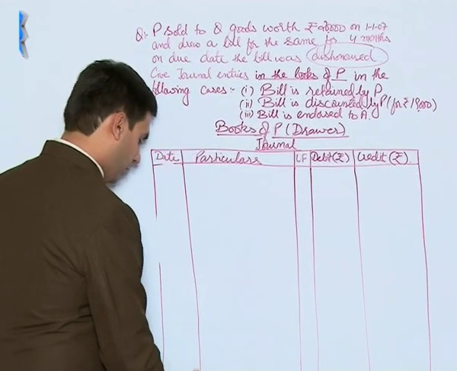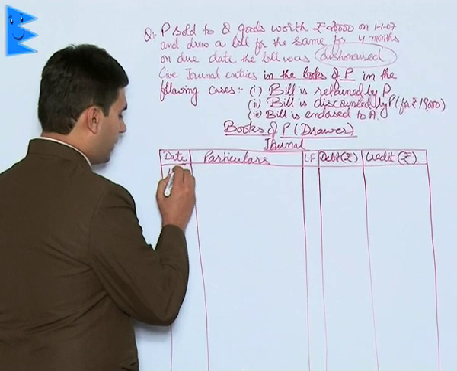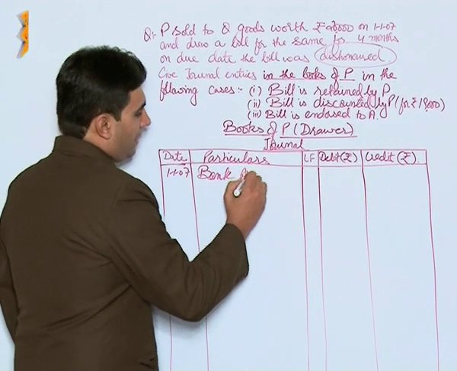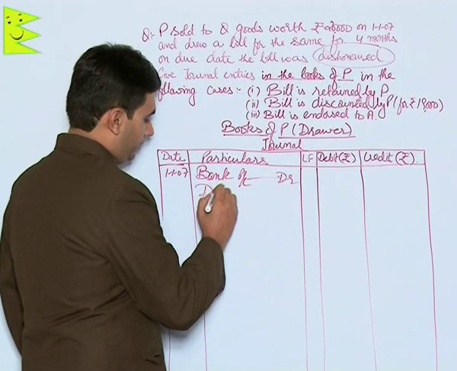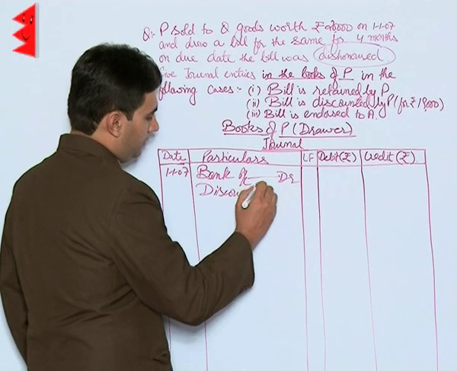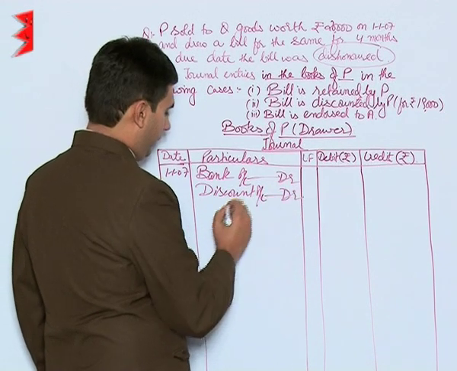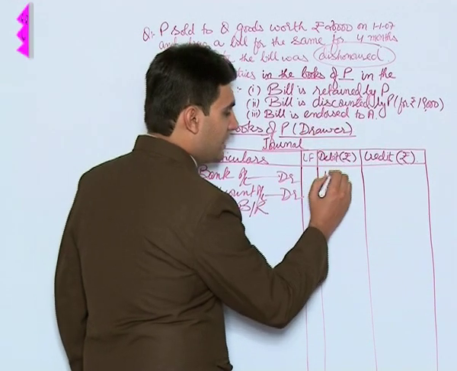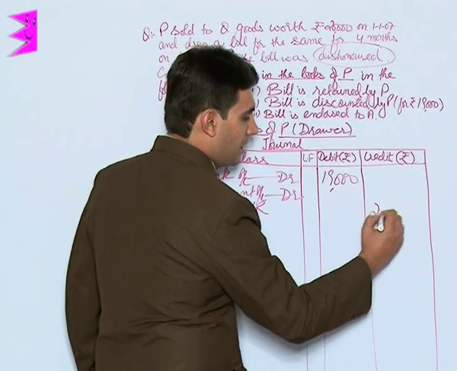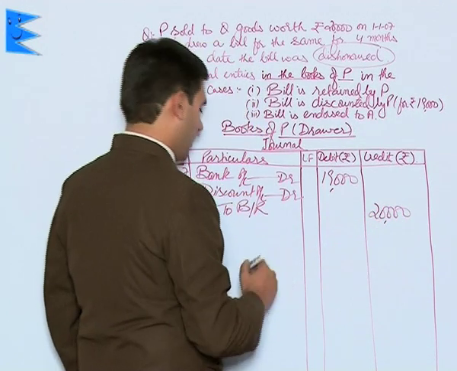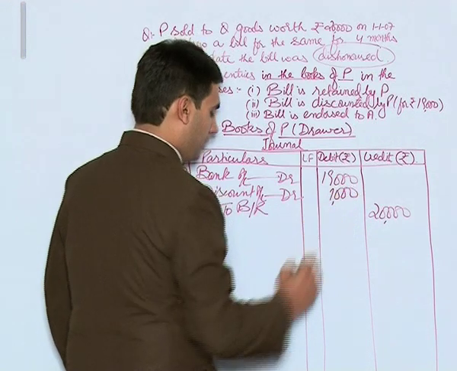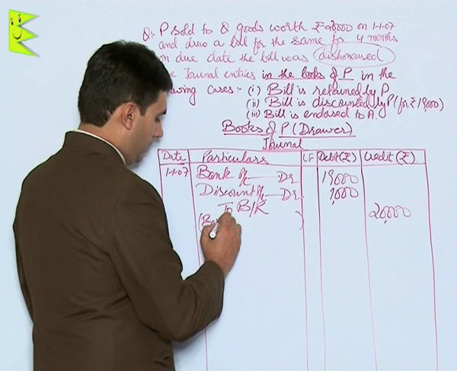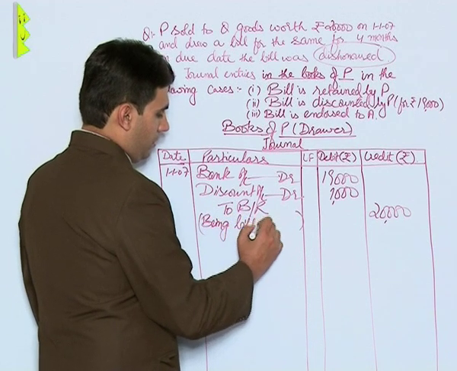The entry for discounting would be on the same date, that is 1st January 2007, bank account debited, discount account debited, to bills receivable. We have received 19,000, bill receivable was worth rupees 20,000 and discount would be for 1,000. And the narration in this case would be being bill discounted.